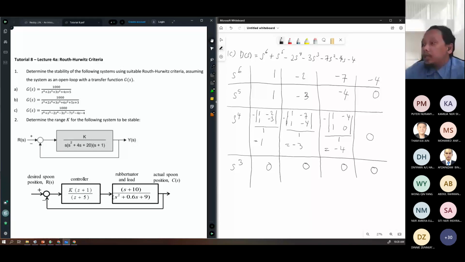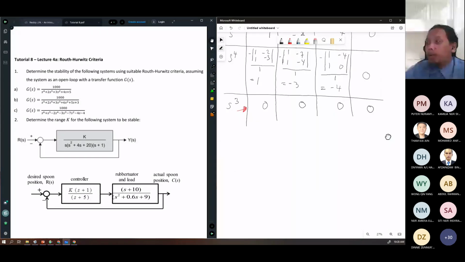In an entire row of zero, what we need to do is we need to generate a new polynomial. Okay, so how to generate a new polynomial? To generate the new polynomial is by looking at the row above the zero row. So the row above is row S4.